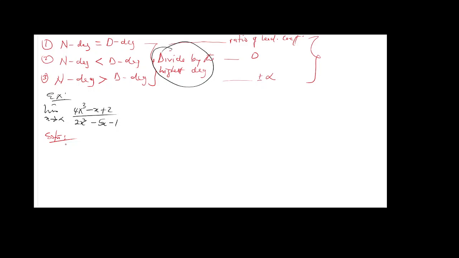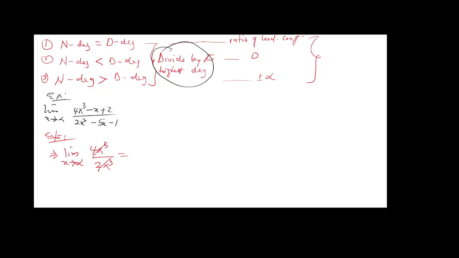The shortcut that you can always consider is to disregard irrelevant or insignificant terms so that you are left with the limit as x approaches infinity of, for the top, 4x cubed all over 2x cubed. And we will see what we have left.